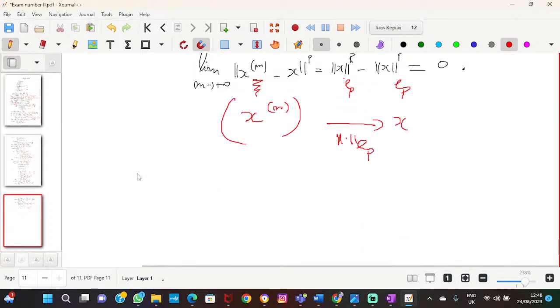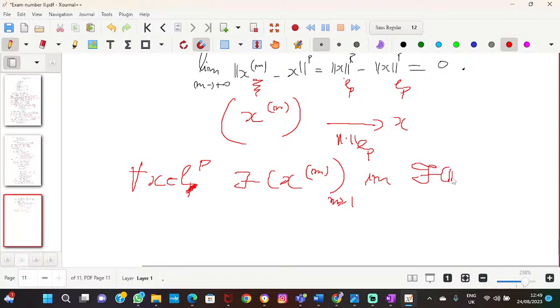We have seen that for all x in L^p, we have found a sequence of elements in F1 of n such that this sequence x_m converges to x with respect to the L^p norm.